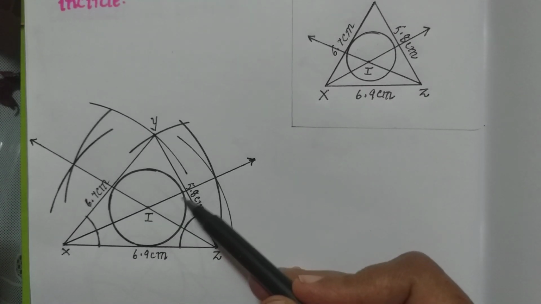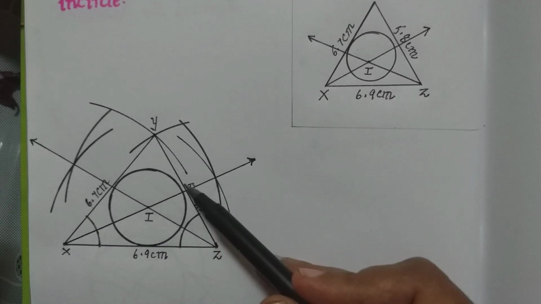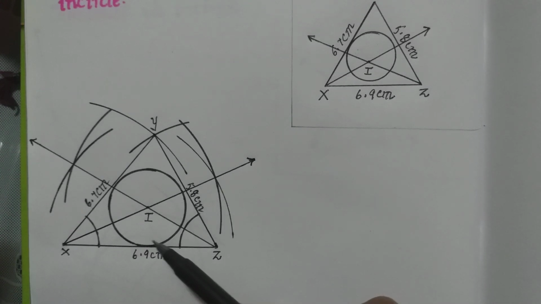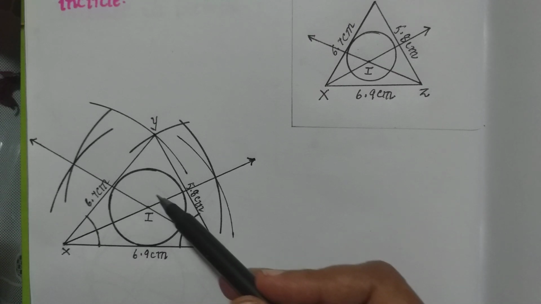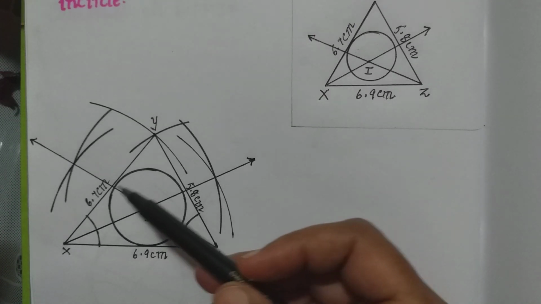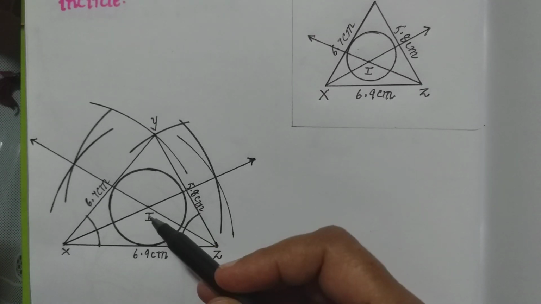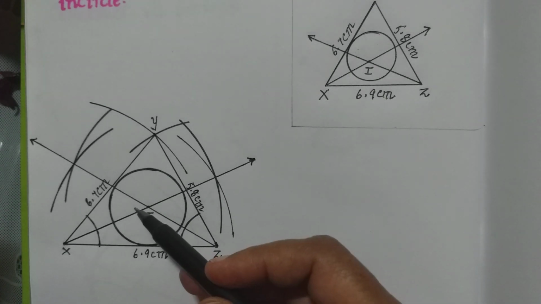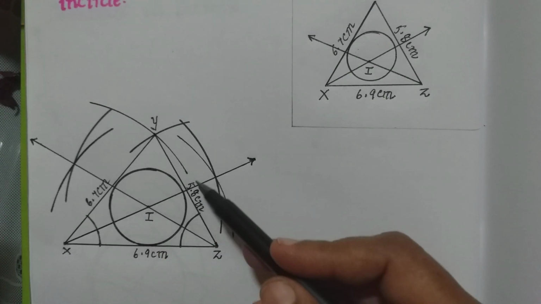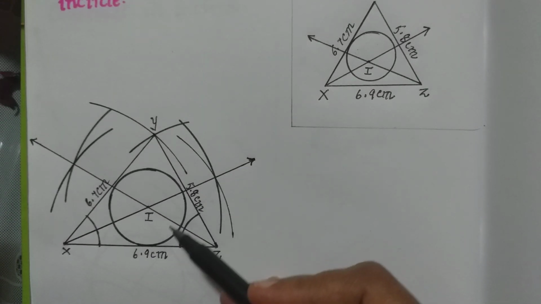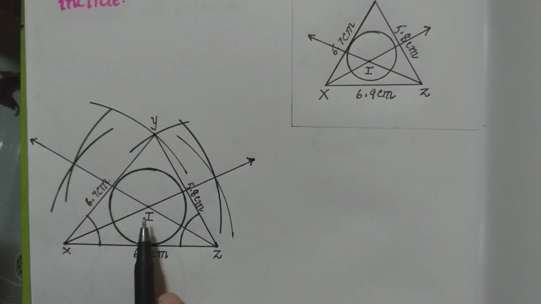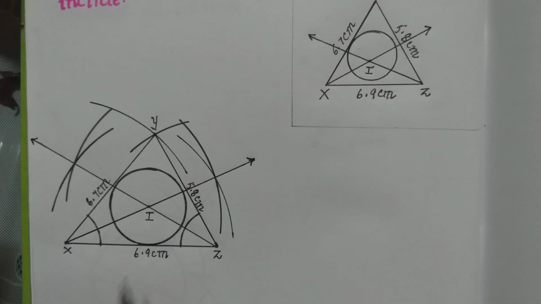You have to first check that the radius is such that it is almost touching all the three edges of the triangle, and then only draw the circle. So now we have completed drawing the incircle.